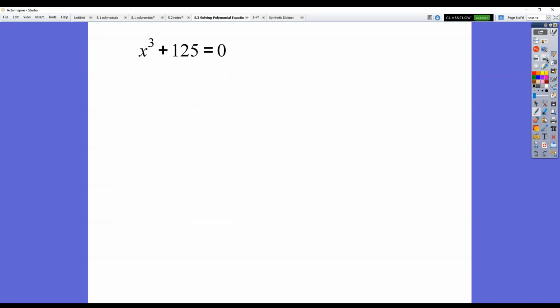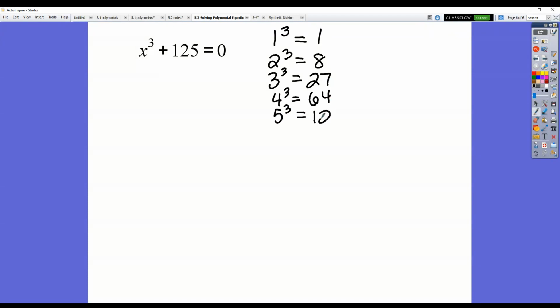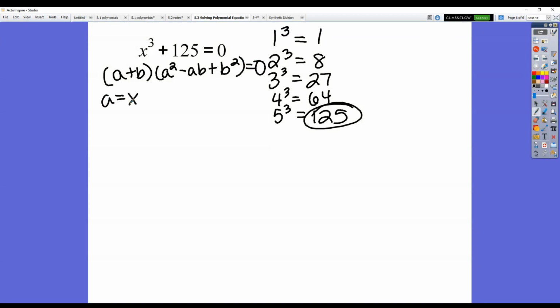Okay, one more sum of cubes. Look at your formula, your cube sheet. 1 cubed is 1, 2 cubed is 8, 3 cubed is 27, 4 cubed is 64, 5 cubed is 125. Oh look, don't forget the formula. So a equals x, b equals 5.